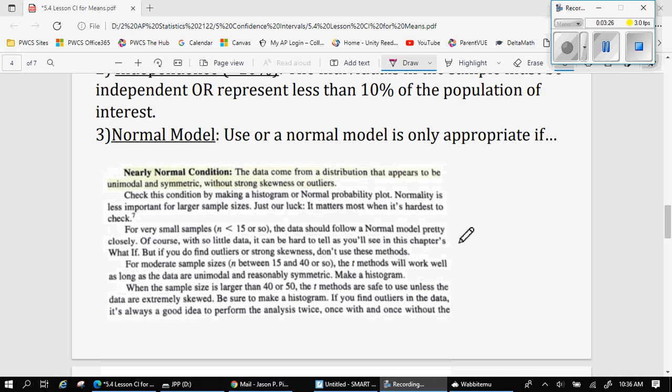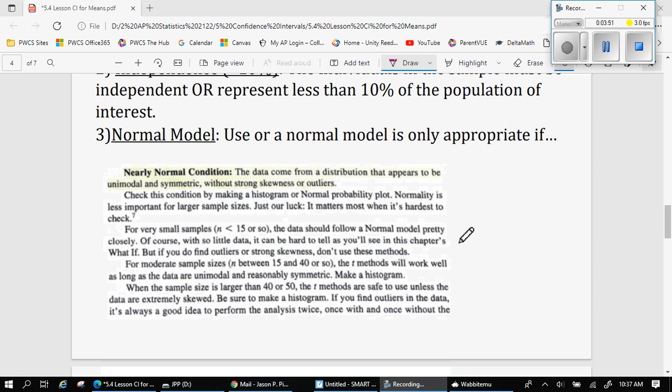When we're doing proportions, we check that a normal model is appropriate by doing n times p hat, n times q hat, making sure those are greater than or equal to 10. In our first lesson of this unit, when we talked about distribution of sample means, we need to make sure a normal model was appropriate, and we said a sample size of greater than or equal to 30 is usually good, and that still applies.